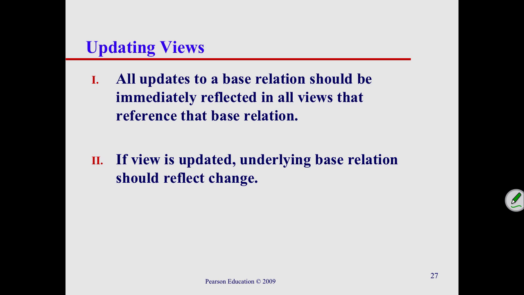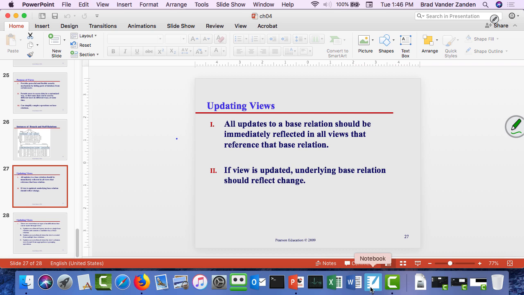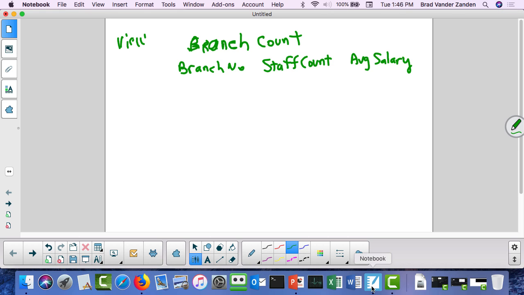So let's say as president, I don't like the fact that the average salary is $50,000. It's too high at branch B1. And I arbitrarily say, okay, I'm changing the average salary at branch B1 to be $45,000.